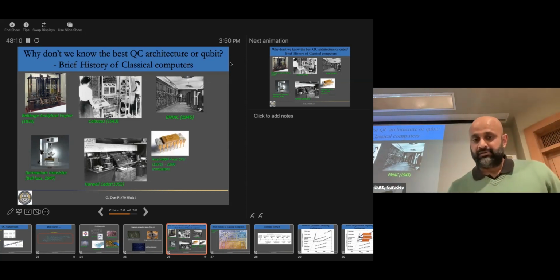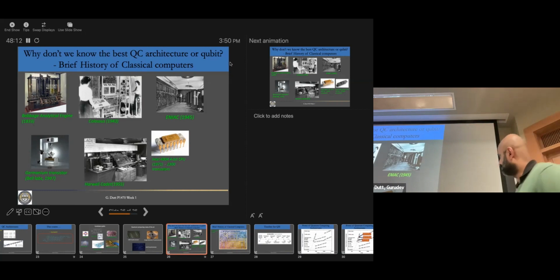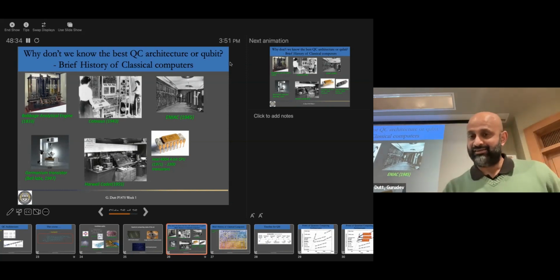And it took another 15 years or so before Intel made something that looks a lot closer to our current computers. This is the 4004 4-bit CPU. It had 2,300 transistors, a huge advance, right? Imagine you came from there to here. It fit on your finger, right?